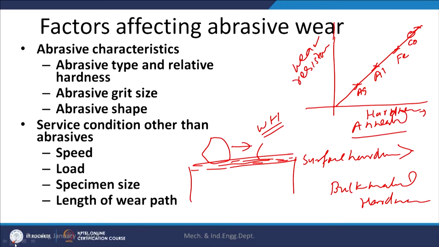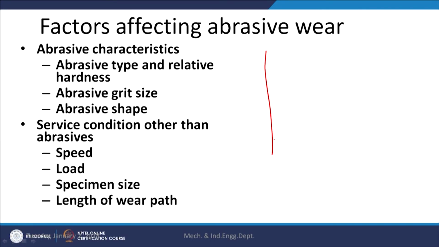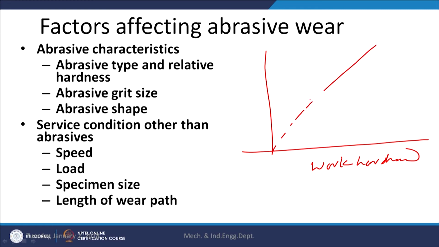So, if we see another interesting diagram, then what we can observe is the work hardened condition. It will be going like this for the pure metal hardness variation, say for silver, aluminum, iron, cobalt. So, when we work harden the material, this is for the pure metal, there is an increase in the hardness.